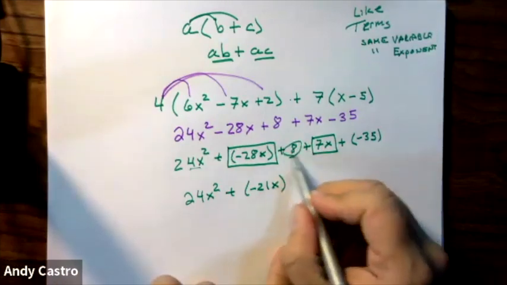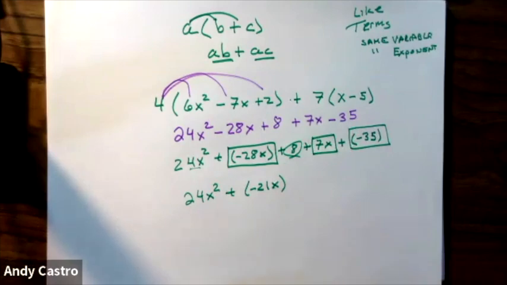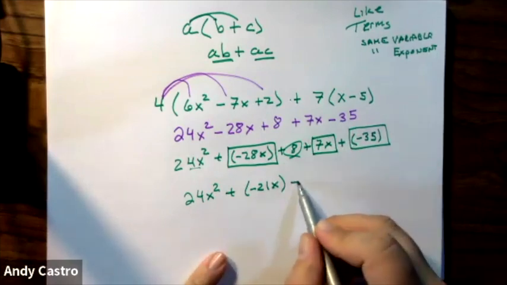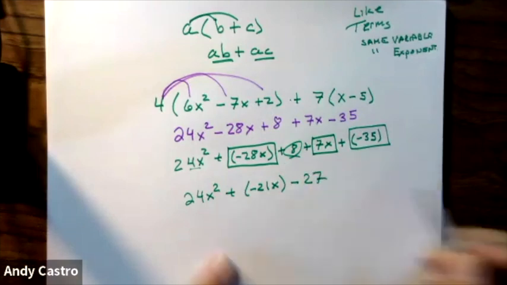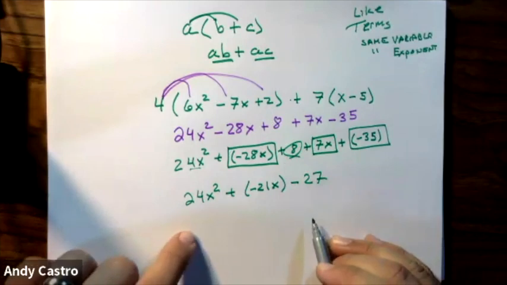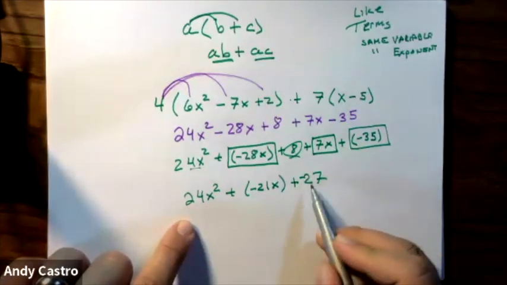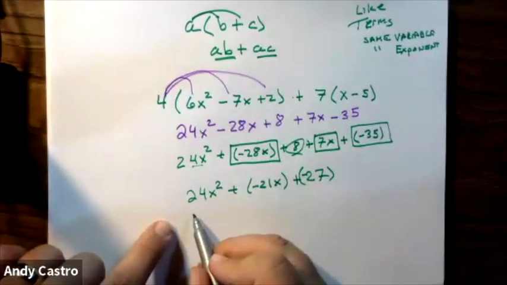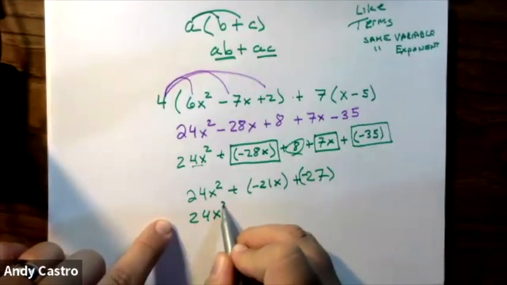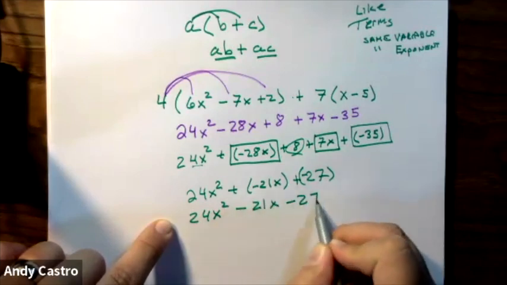Then I've got a positive 8 and a negative 35, so that would be a negative 27. Now I can change this back. Oops, that's plus a negative. Now change it back to subtraction: 24x squared minus 21x minus 27.